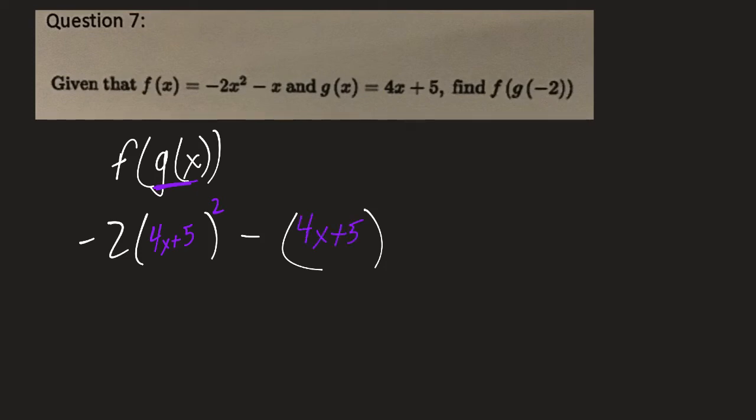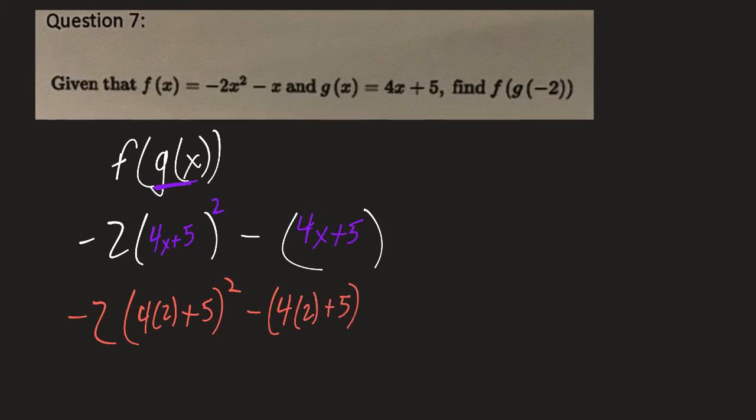Now, I'm not going to actually simplify this because I could FOIL this whole thing out and work it down. But in this case, it's easier if I just plug in my number and work this out numerically. So here we go, 4 times 2 plus 5. Let's see what we've got. 4 times 2 is 8, plus 5 is 13.